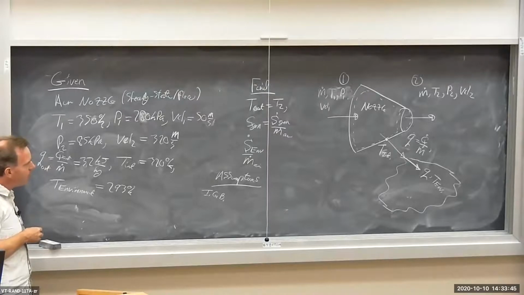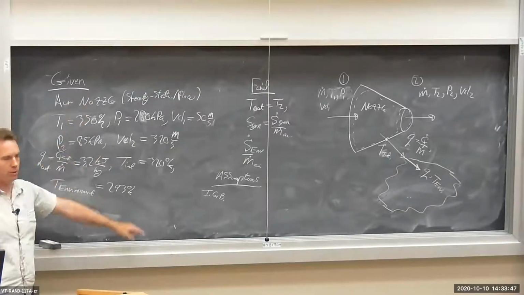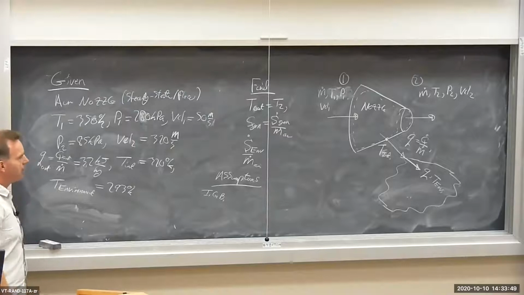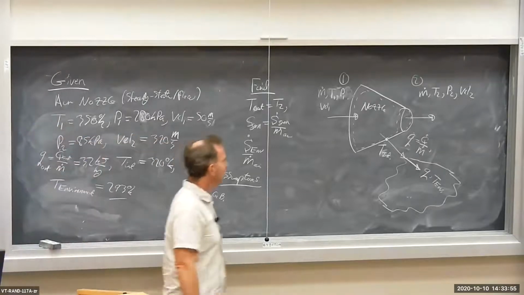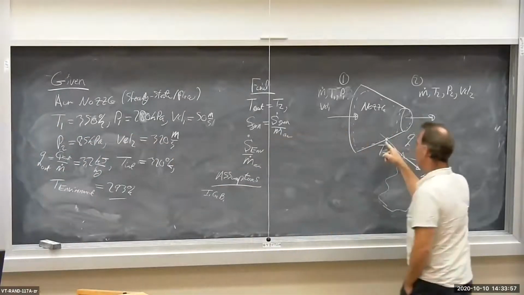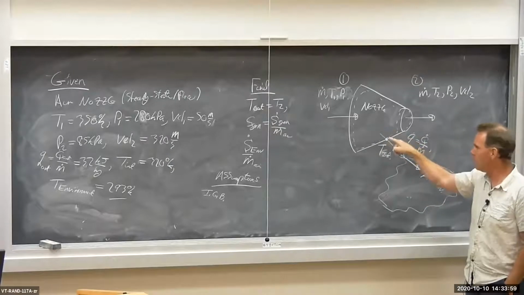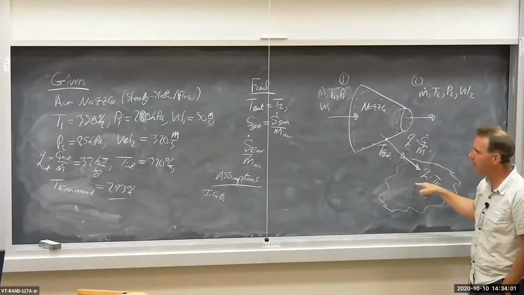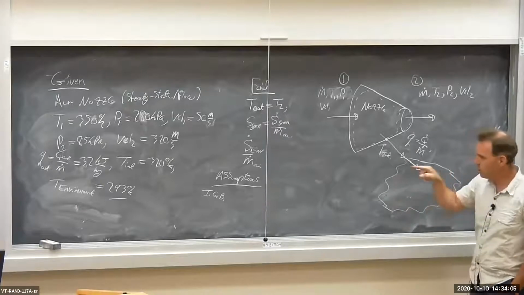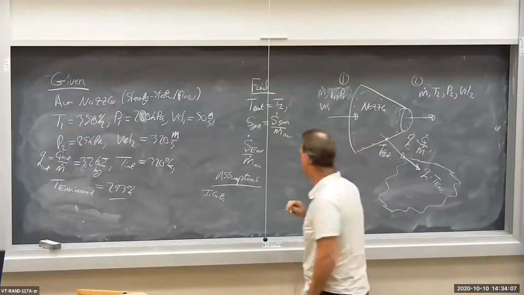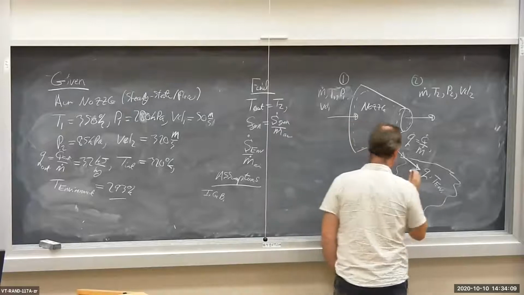And the environment, everything outside of the nozzle, is taken to be at 293 degrees Kelvin. So this heat is being transferred from the hot nozzle to the cool environment, and the environmental temperature is at 293 degrees Kelvin. So in other words, well, we'll talk about this later.